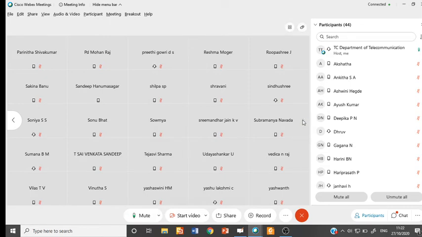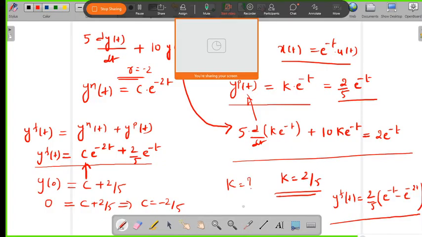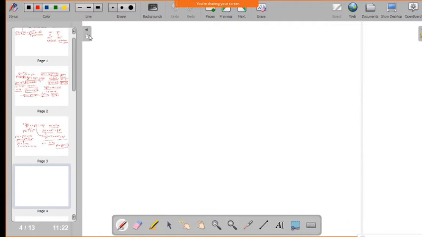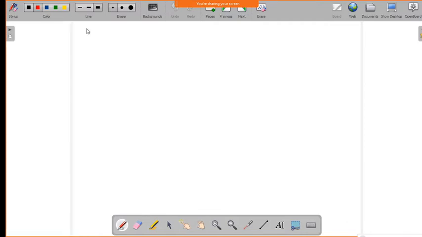Understood? Yes, sir. Okay. So, try to solve the next problem, which is given by the differential equation. Solve for the forced response, which is given by d square y of t by dt square plus 9 into y of t, which is equal to x of t.